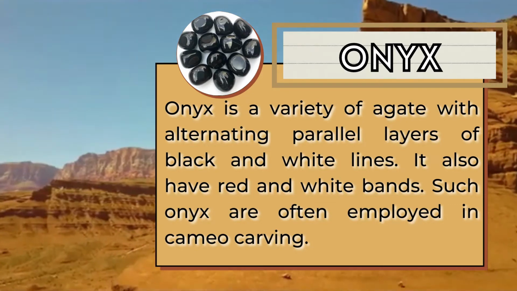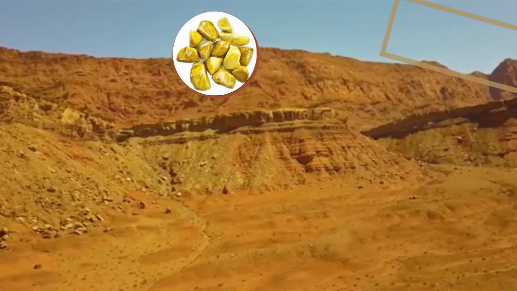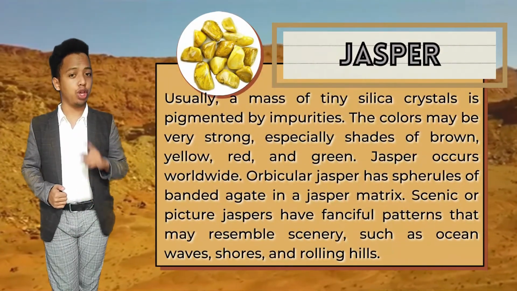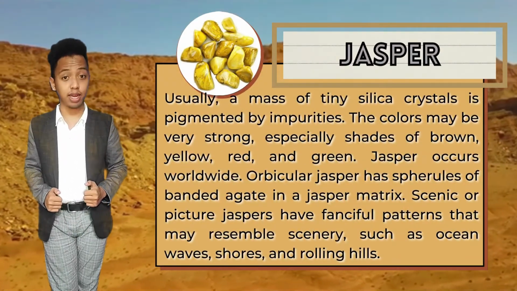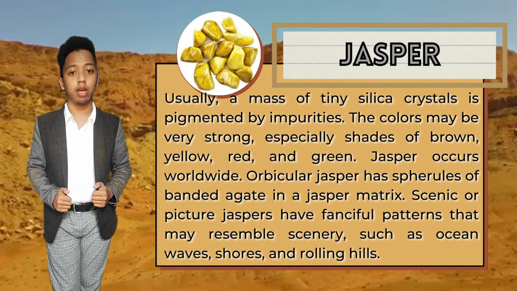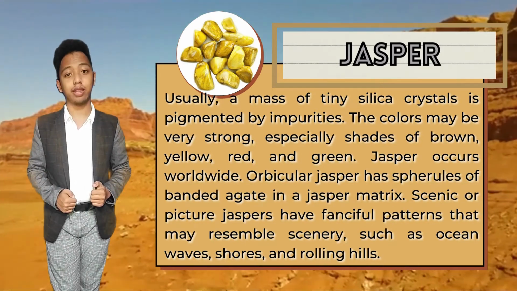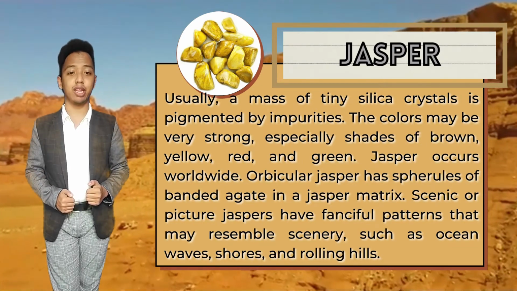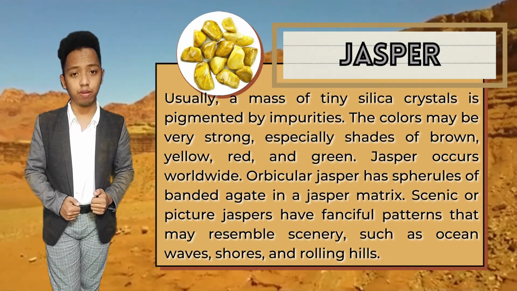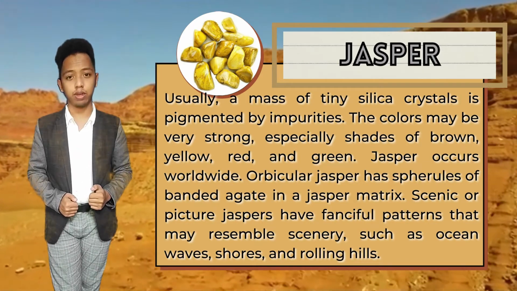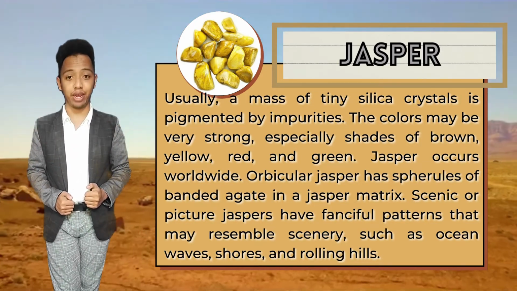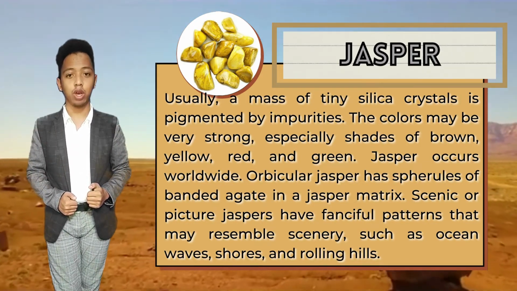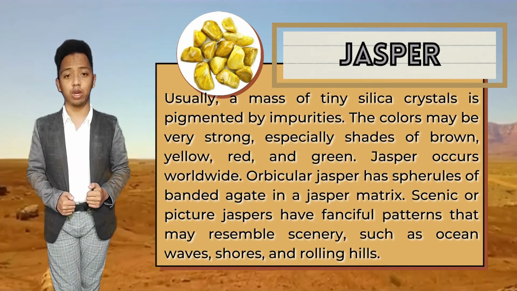Jasper. Jasper is usually a mass of tiny silica crystals pigmented by impurities. The color may be very strong, especially shades of brown, yellow, red, and green. Jasper occurs worldwide.